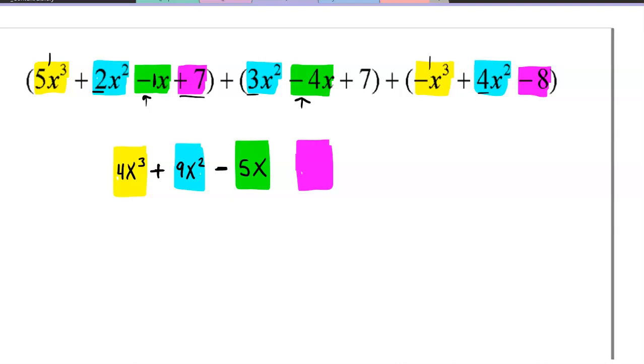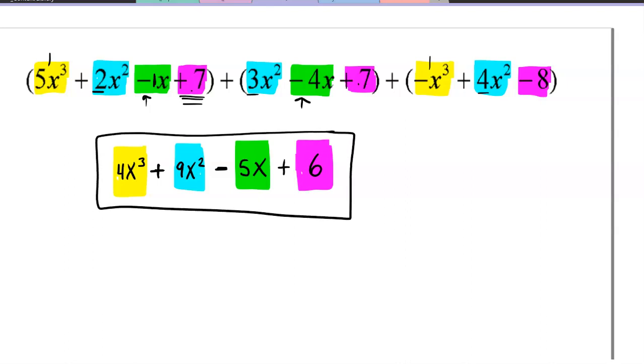And last but not least, we have positive 7. Oh, I missed one. Over here, we have another positive 7. So watch out for that. If everything's not highlighted, that'll be a big hint. Positive 7 is 14. And then 14 minus 8 should give me a positive 6. So this is going to be my combined like terms for my second example.